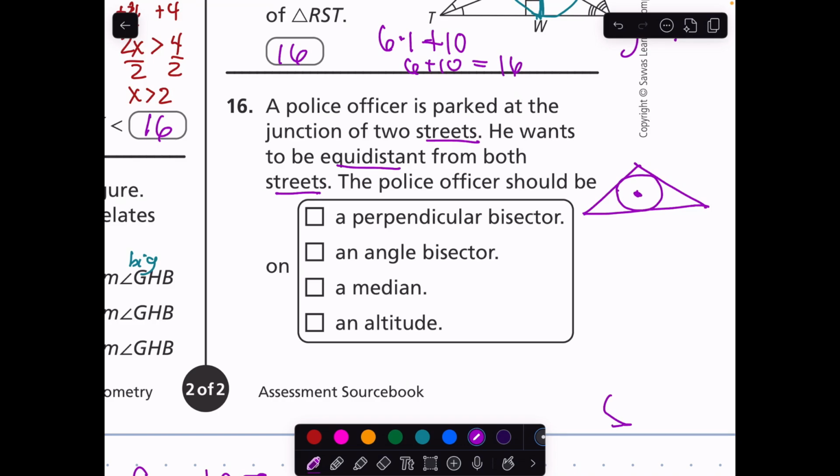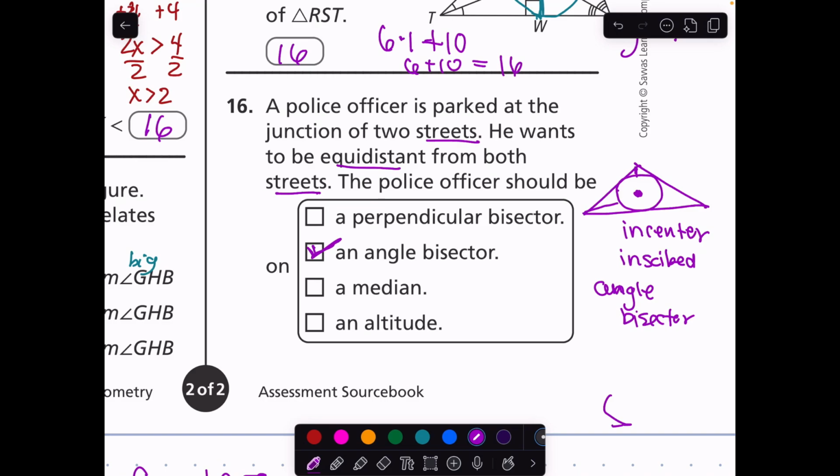It would be like that point right there, and that point is all based on the angle bisectors, because it's the incenter, because it's inscribed, and that means that it goes with the angle. Looking at our notes from above, that's the angle bisector. So, angle bisector. And that is the end of the review.